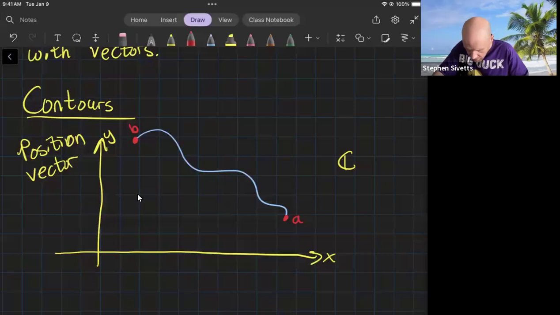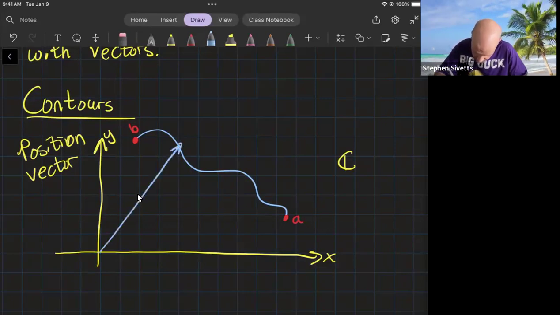So we can figure out where this particle is moving along this curve by associating a position vector. So we'll call this point Z of t.